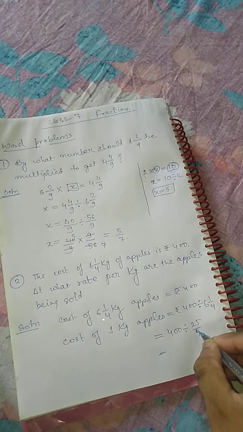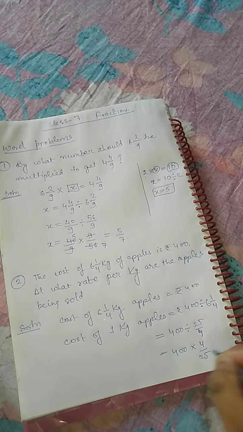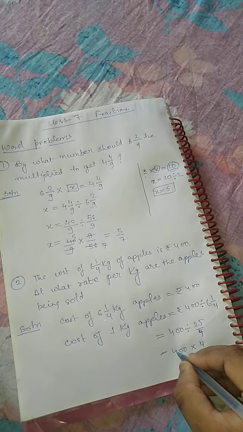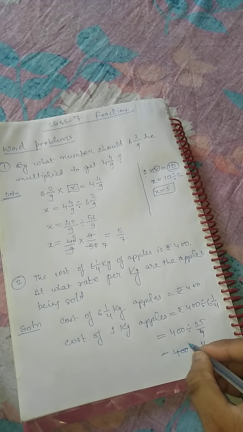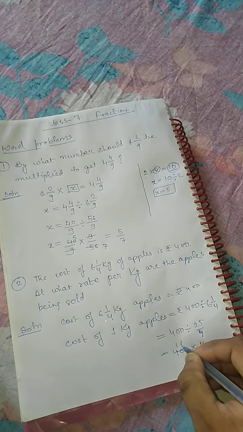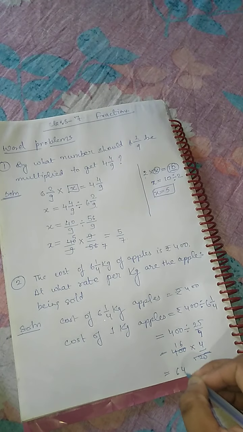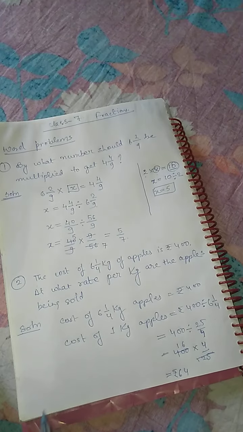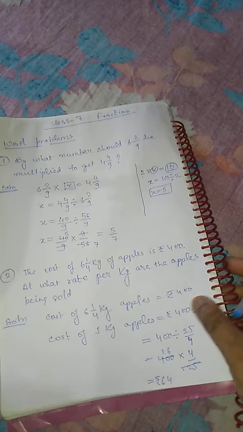Now 400 multiplied by 4 upon 25, the reciprocal of this fraction. So 25, how much? 16. 25 16s are 400. 16 4s are 64 rupees. Means the cost of 1 kg of apples is how much? 64 rupees. Now see the third one.